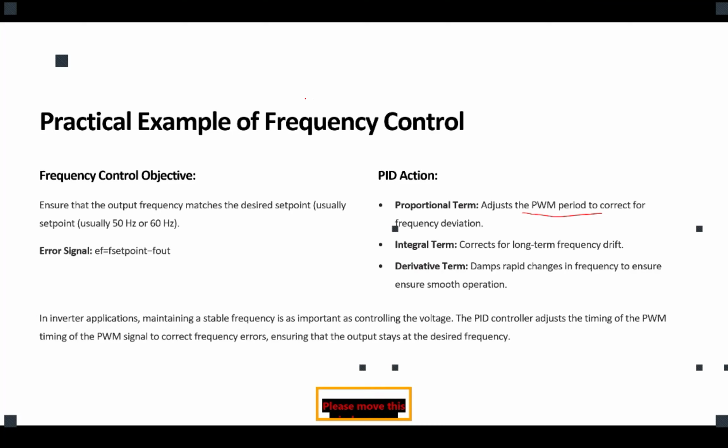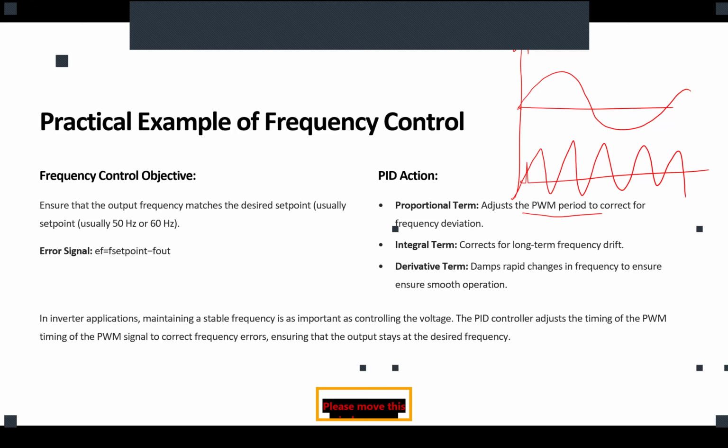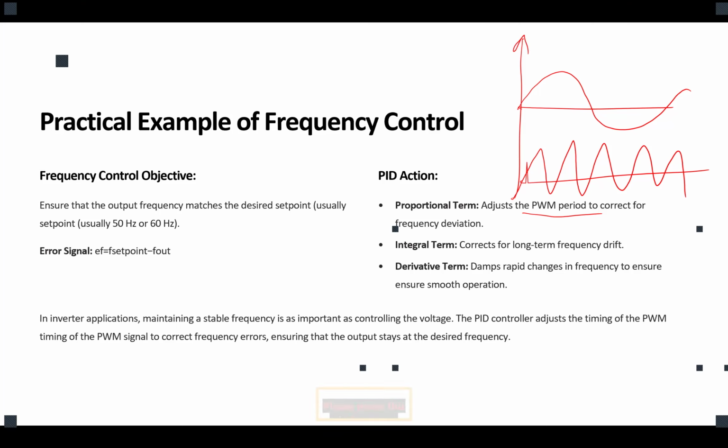We had two signals. One was the reference signal, another one was the triangular carrier signal. If we want to have a 60 hertz frequency at the output, how could we force this PWM to produce such a frequency at the output?